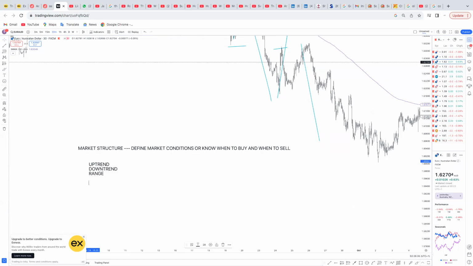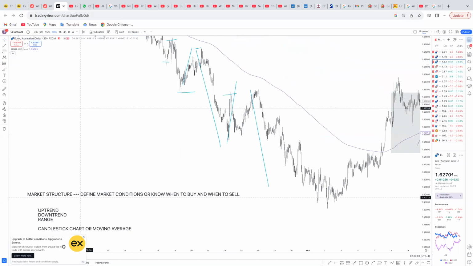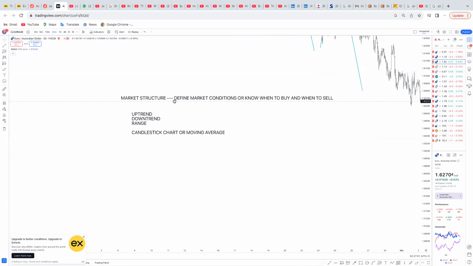And we know we can use our candlestick chart or our moving average to get what trend the market is in, and we can take advantage of that. Just by using our 200 moving average, we can know when the market has changed trend, right?